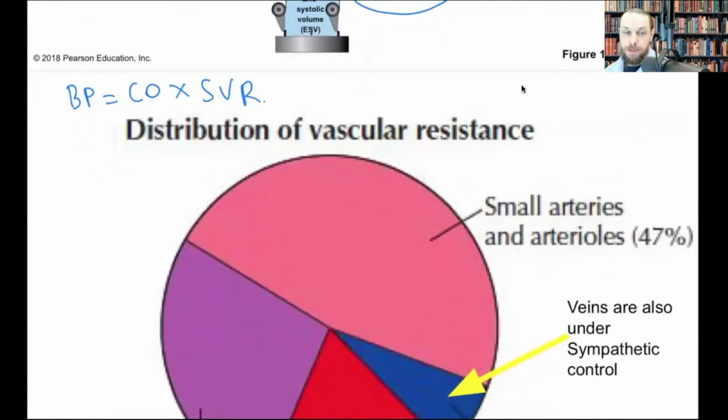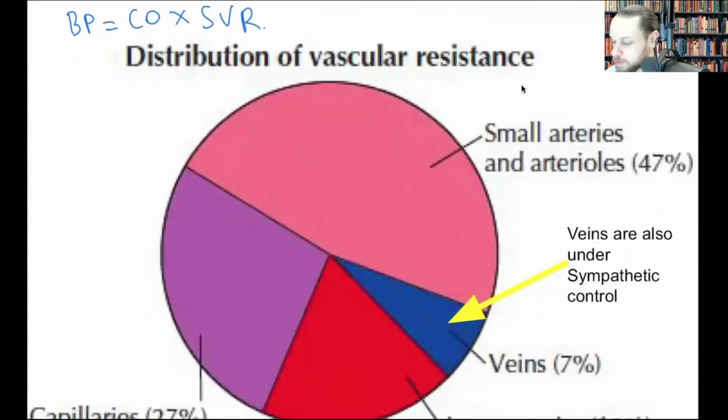So what is the systemic vascular resistance? Under the sympathetic and parasympathetic systems that we just explained, the vasomotor tone is usually controlled by the sympathetic division under epinephrine and norepinephrine, predominantly on your small arteries and arterioles.